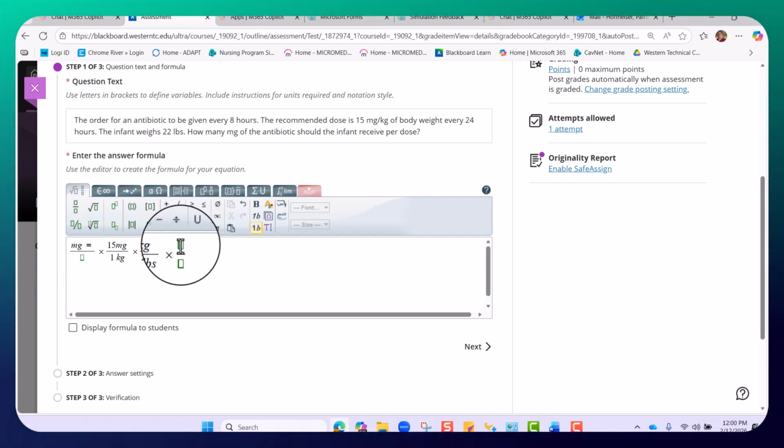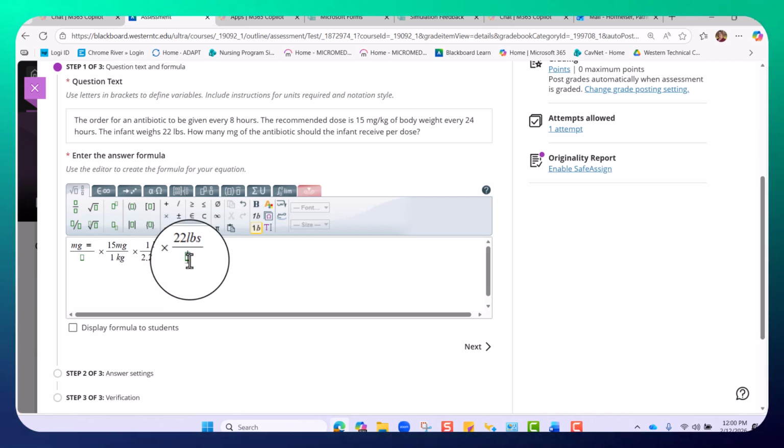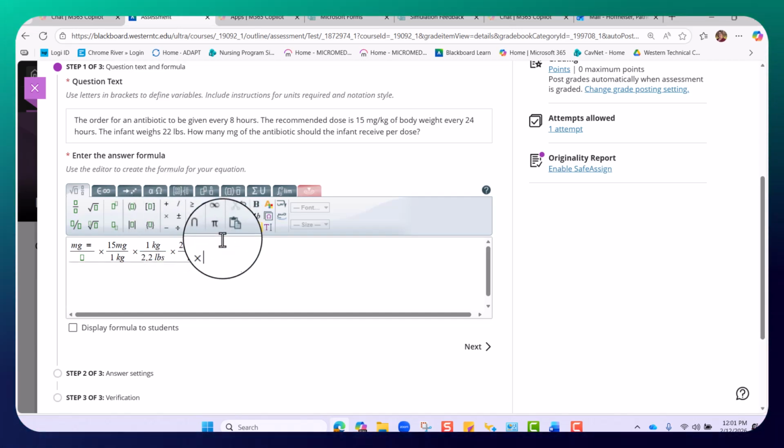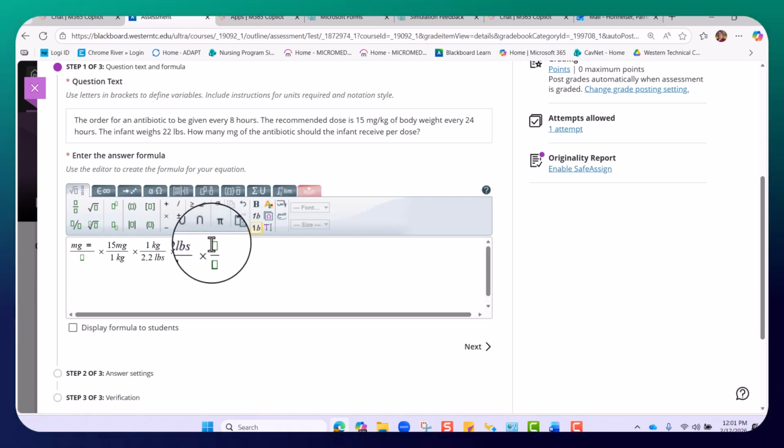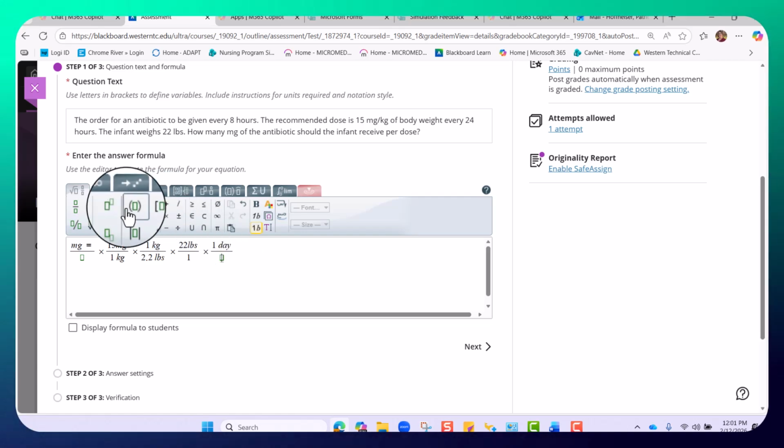And my infant weighs 22 pounds. And then we teach the students that there's an understood 1 under there because they don't have very strong mathematical skills. The next fraction would be 1 day, and on the bottom of that would be 3 doses.